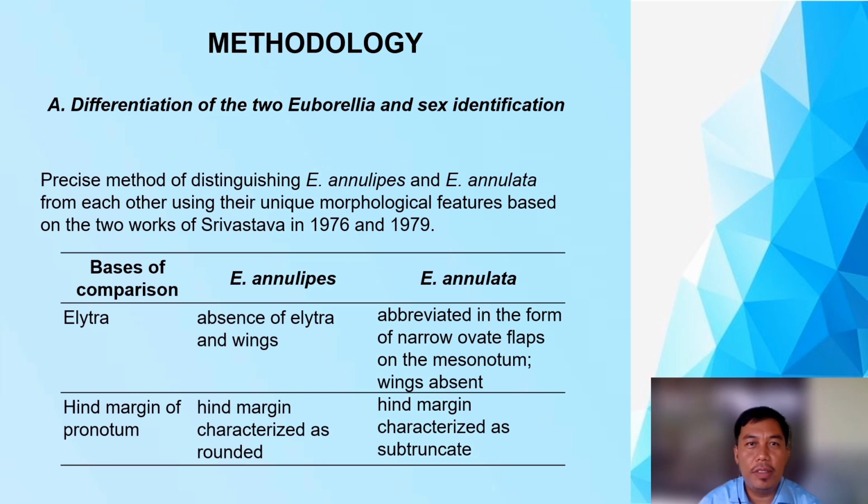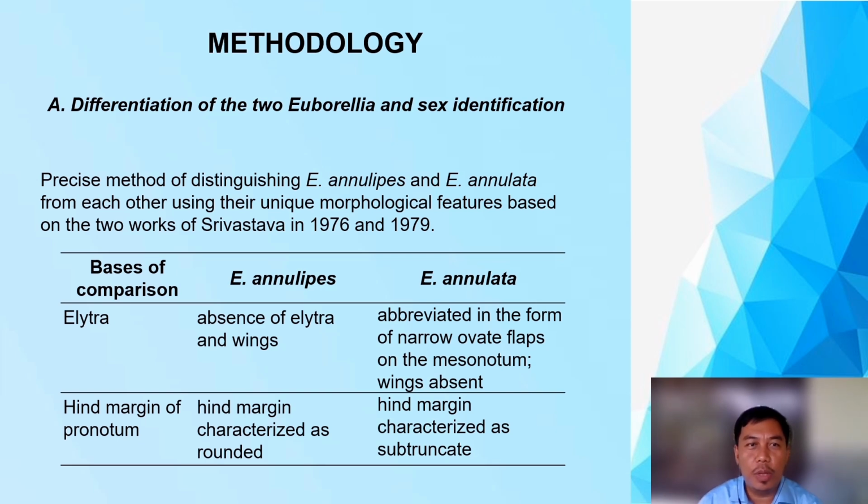The precise method of distinguishing Euborrelia annulipes and Euborrelia annulata from each other uses their unique morphological features based on the two works of Srivastava in 1976 and 1979. The main basis of comparison is the presence or absence of elytra and the shape of the pronotum.